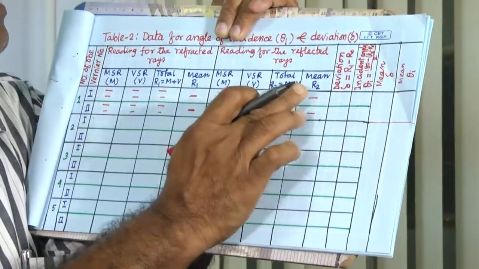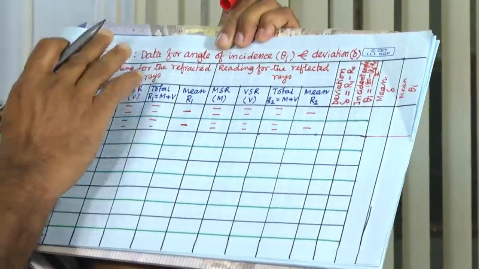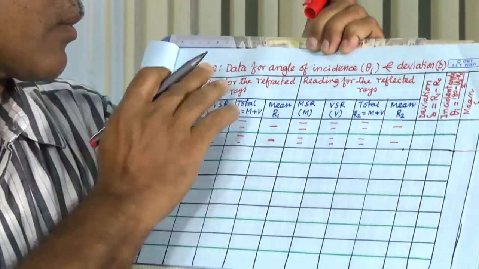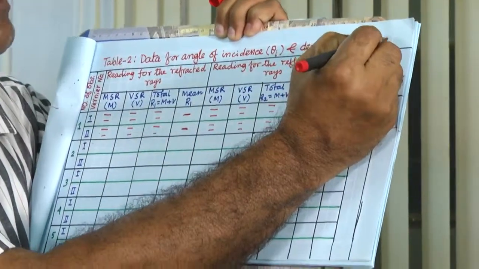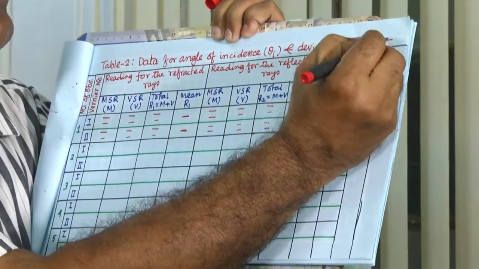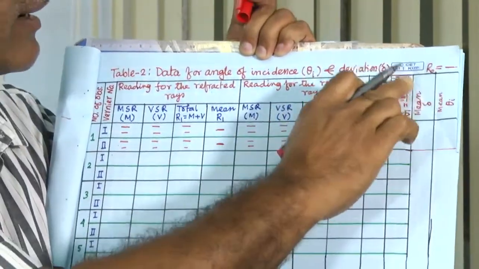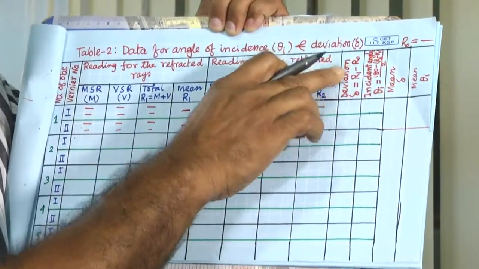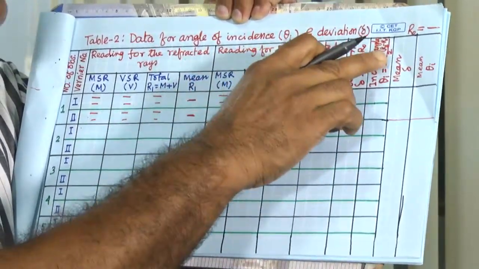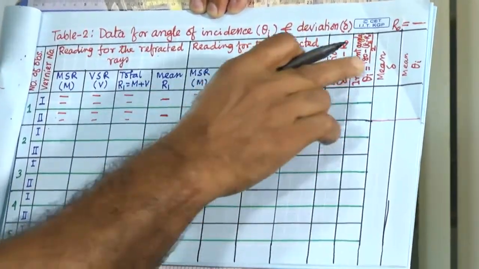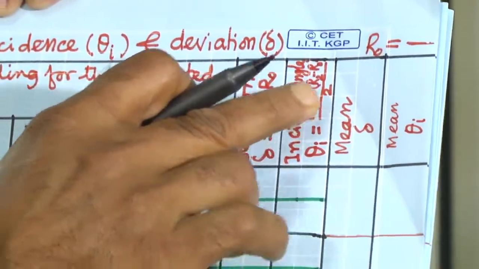So this R2 and the direct reading R0 from table 1. Whatever the R0 is, you should note it down somewhere. R0 equal to, note down somewhere here. So you take R0 minus R1, minus R2, and then 180 minus that, (R2 minus R0) divided by 2.